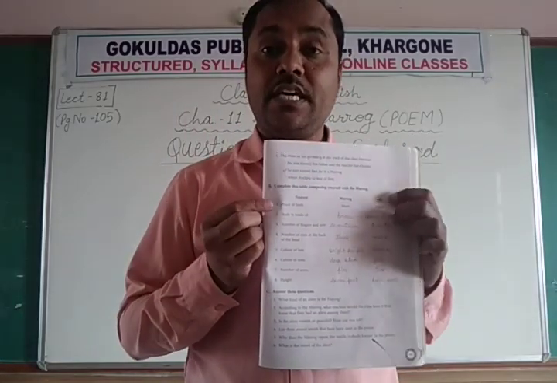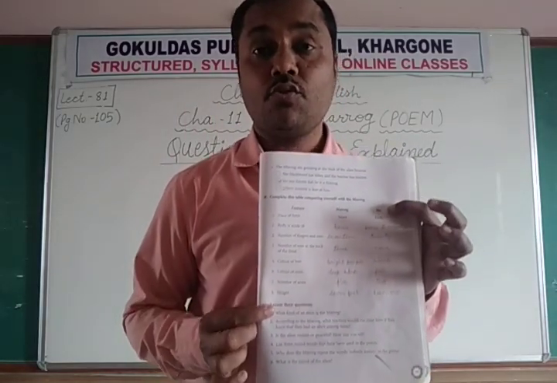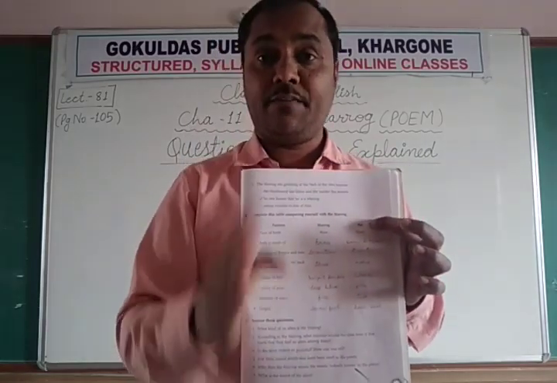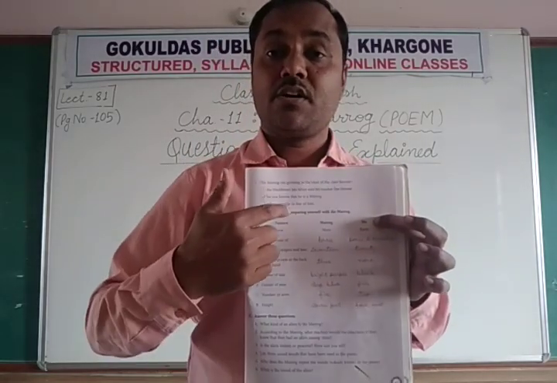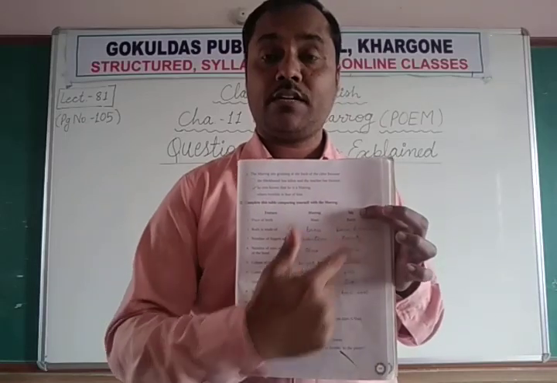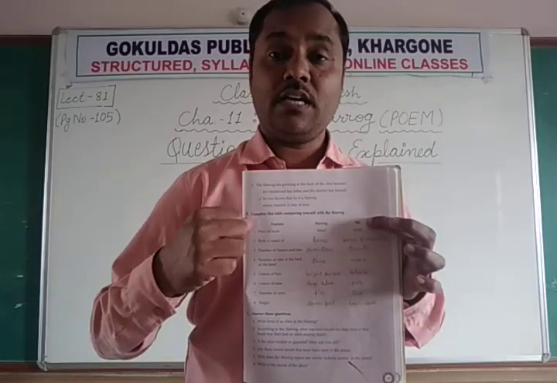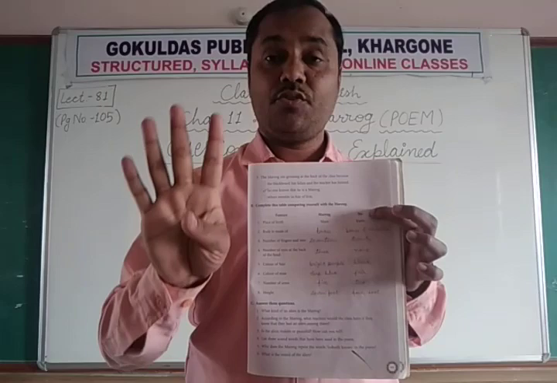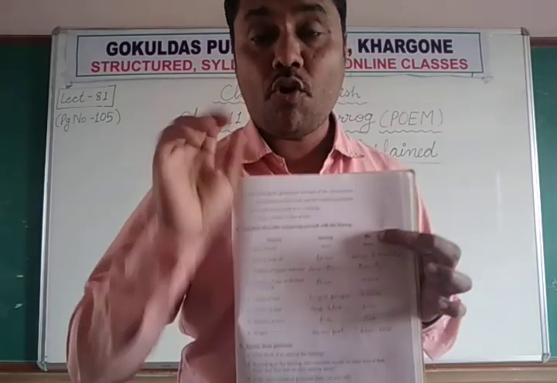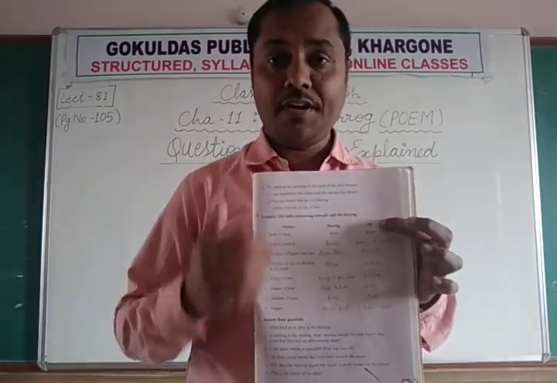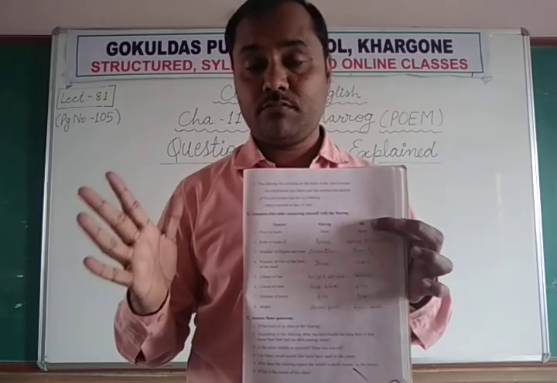Then exercise B, you should also note down. Draw a table with 3 columns, column number 1, column number 2 and column number 3, and 1 serial number. So you need 4 columns.